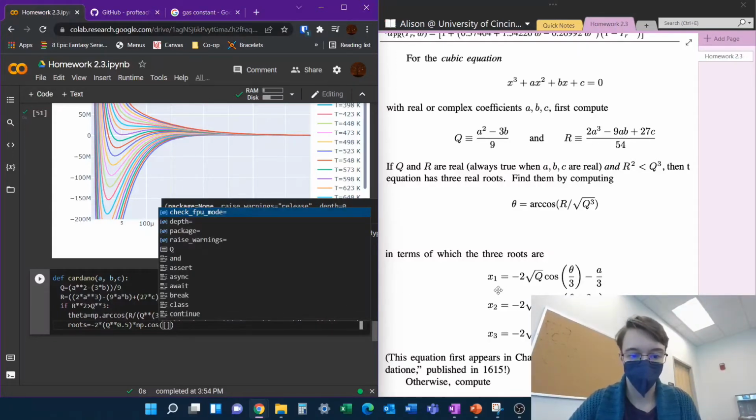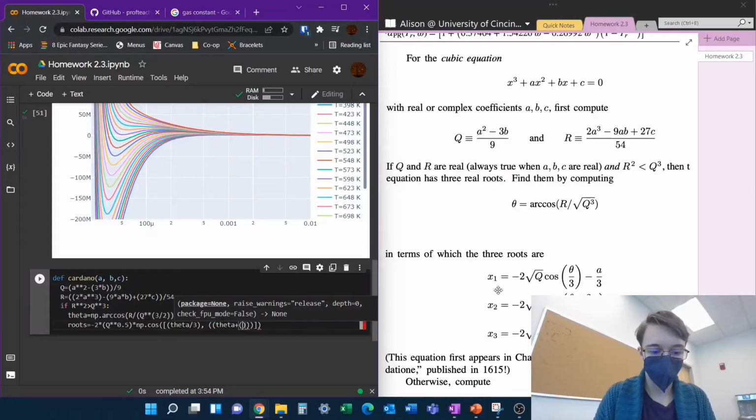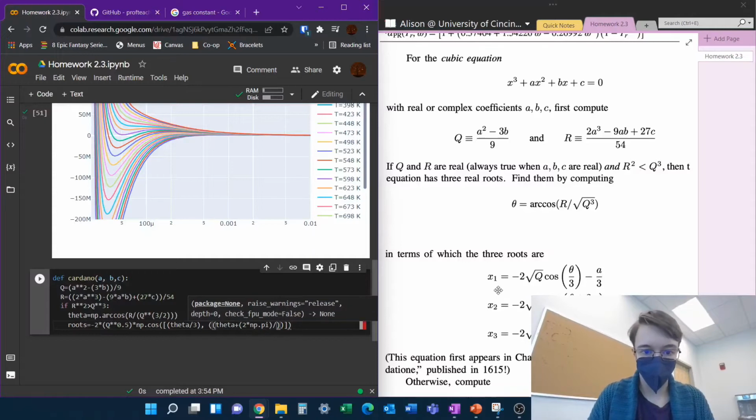The first one we're going to have theta divided by 3. Next one we're going to have theta plus 2 times np dot pi, divided by 3.